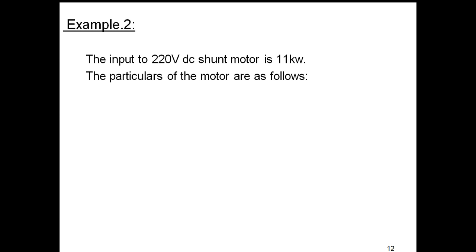The input to a 240 volt DC shunt motor is 11 kilowatt, and the particulars of the motors are as follows. The no load current is given as 5 amperes.